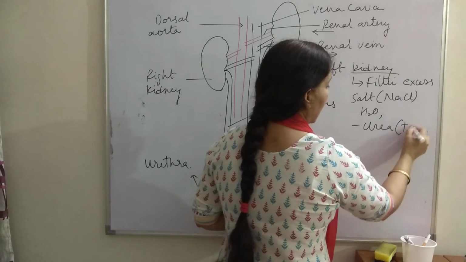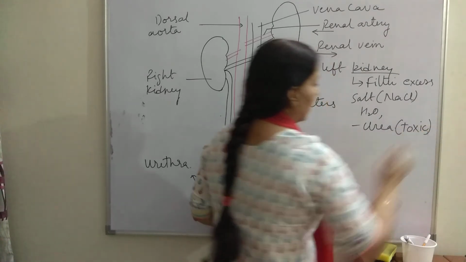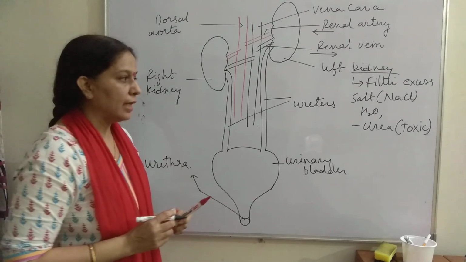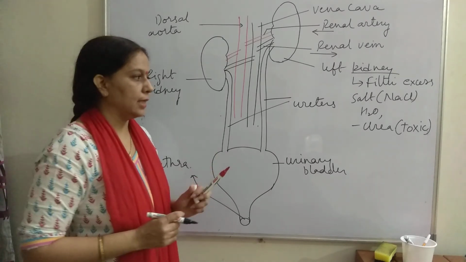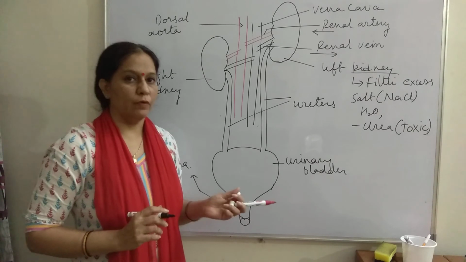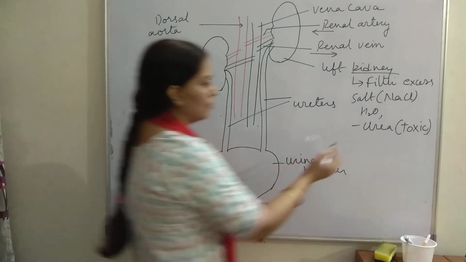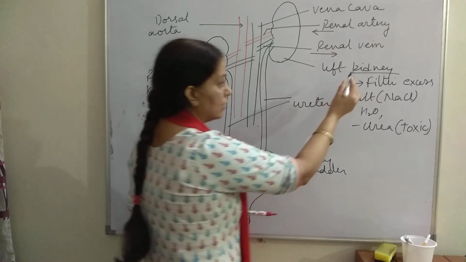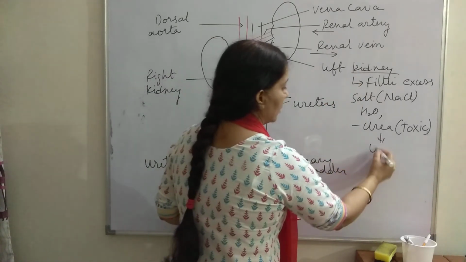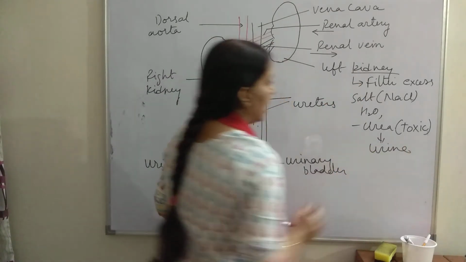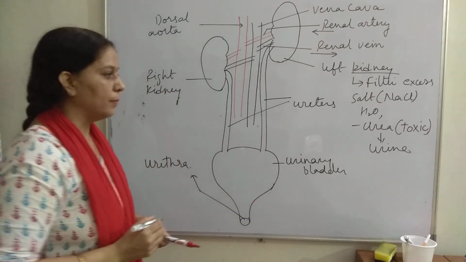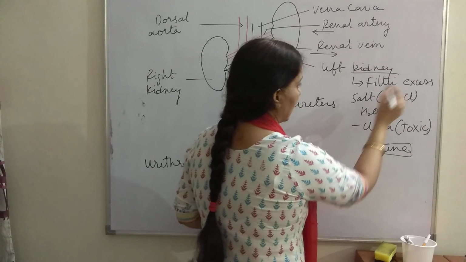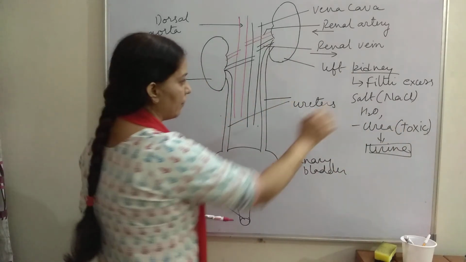Urea is the main toxic substance formed as a result of metabolic reactions, and we cannot retain it in the cells. It needs to be removed immediately. So blood removes urea from cells and carries it to kidneys, and kidneys filter it and form urine. Urine consists largely of water, excess salt and urea. This is the function of kidneys.